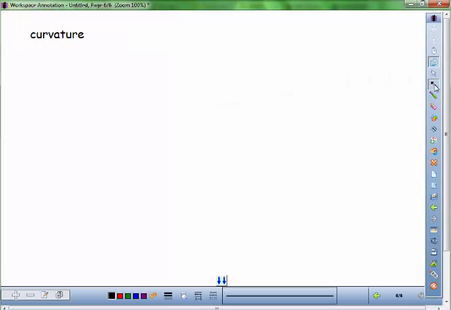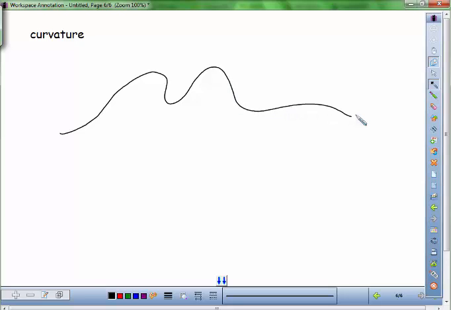Our next topic is we're dealing with vector-valued functions, which draw out curves in 2 or 3 dimensions. And if you have a curve, whether you're looking at it as a curve in space or a curve on a plane, there are some points in a curve that are interesting to look at and try to get some ideas about.